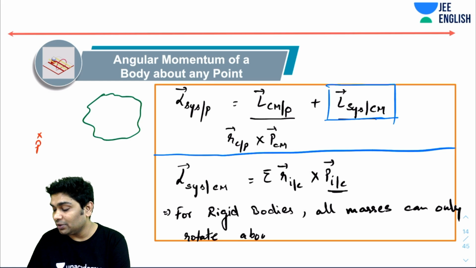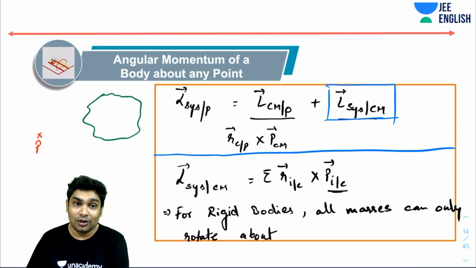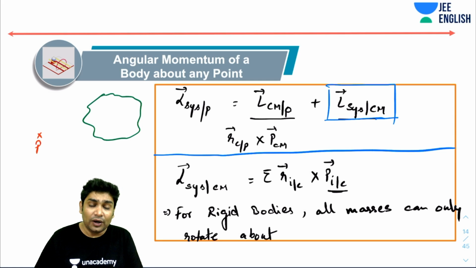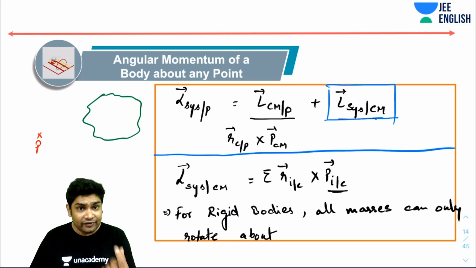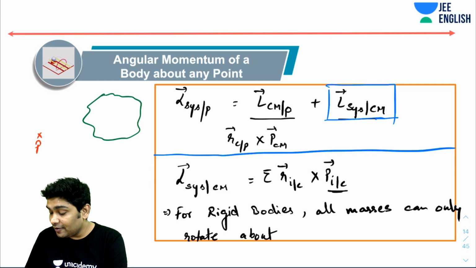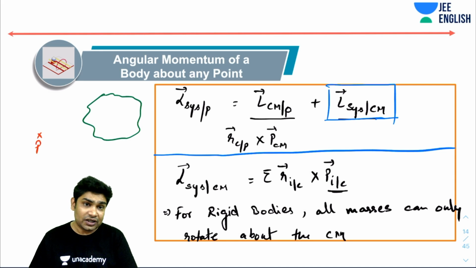I hope you remember this from our discussion of properties of a rigid body. We discussed this already, that if you go into the reference frame of any point on the rigid body, then you will realize that every other point will start to perform pure rotation, right? So rotate about the CM. So I immediately know that all particles are performing pure rotation about the CM.